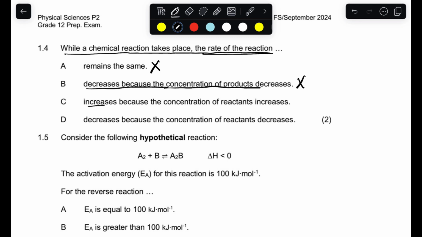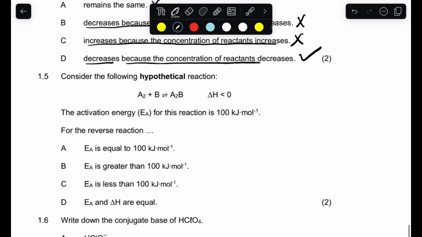No. Increases because the concentration of reactant decreases. No. It says decreases because the concentration of reactant decreases. Yeah, once the concentration of reactant decreases, the rate of reaction is going to decrease. So the answer here is going to be D, right?